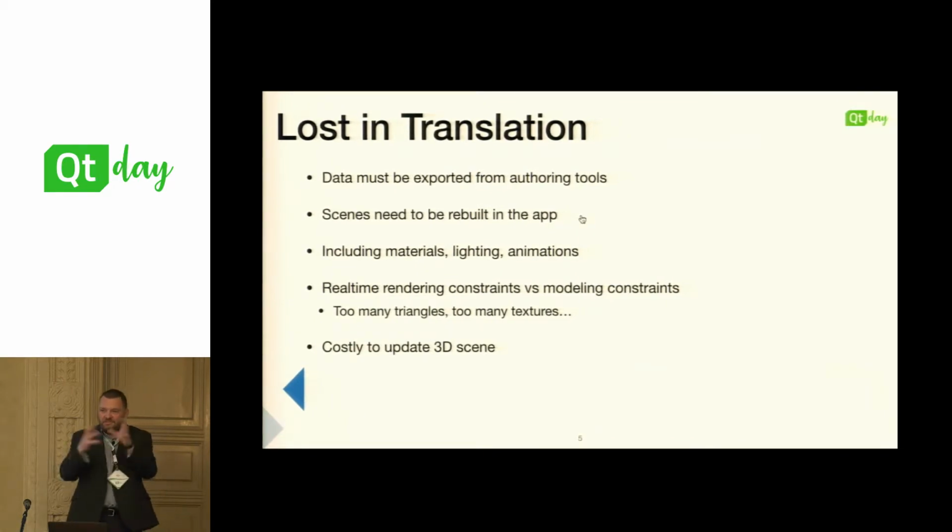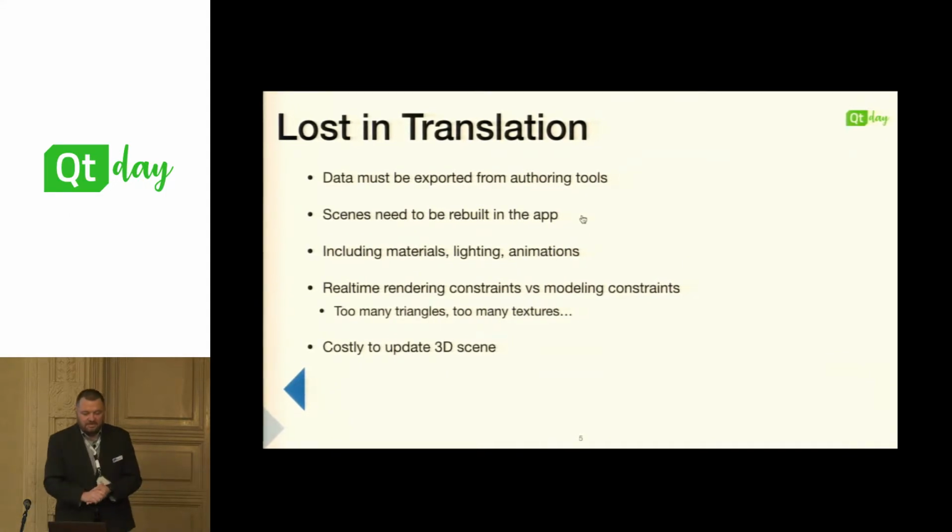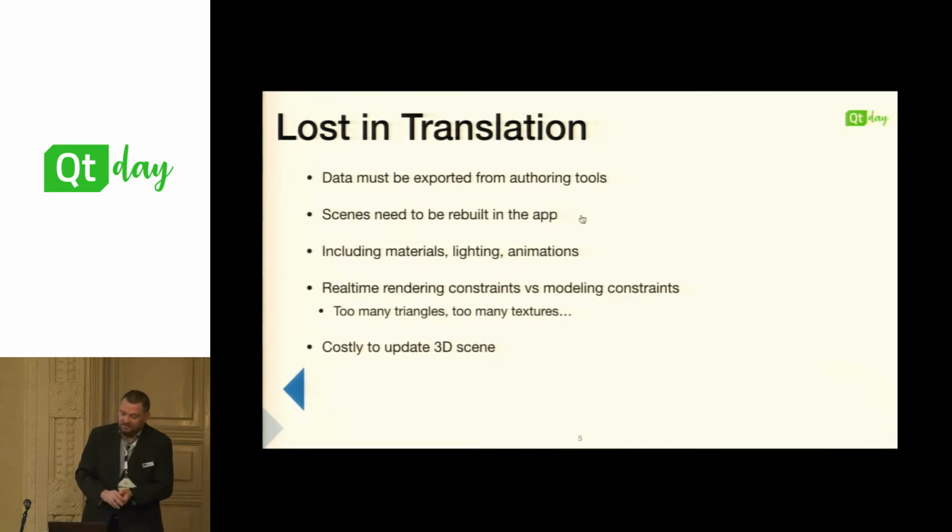It might give you a very detailed model that actually is way too slow to render on your target. So you might have to go and simplify the model and do things to it. Might be too many textures. And as I said just before, the cost of updating the 3D scene is really high because you have to re-implement basically loading a new model.